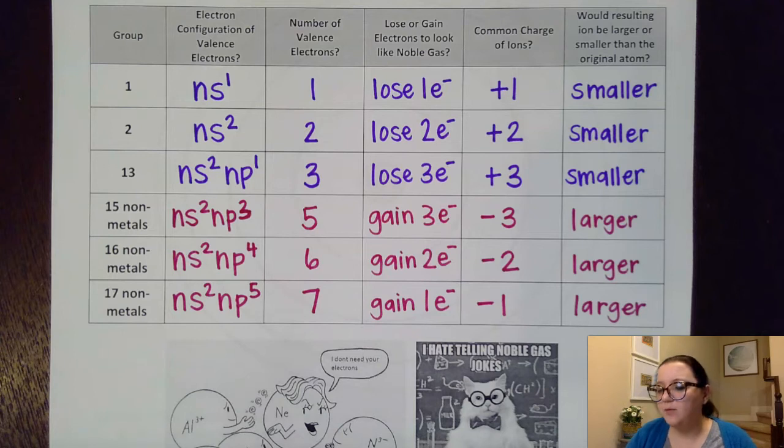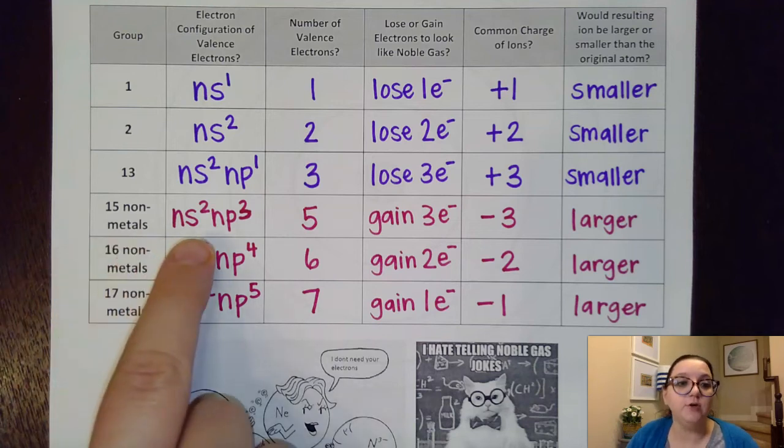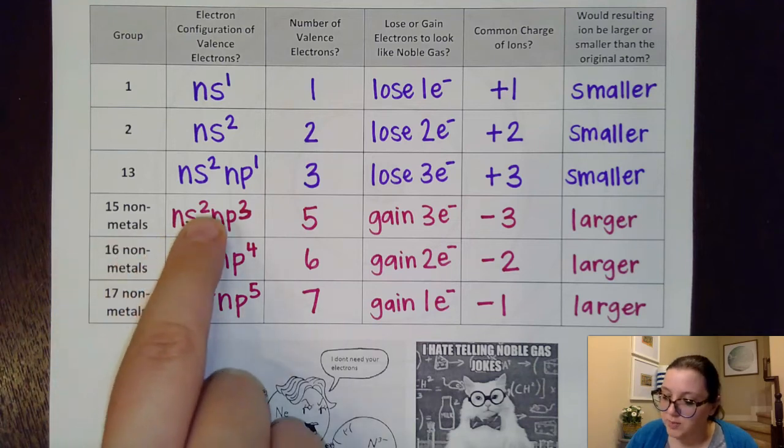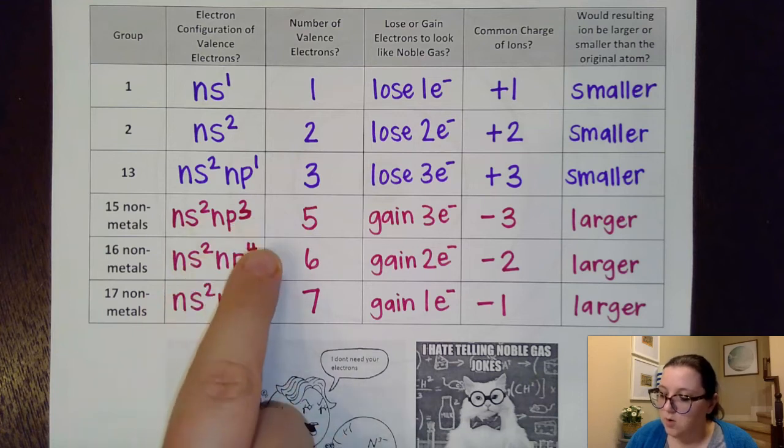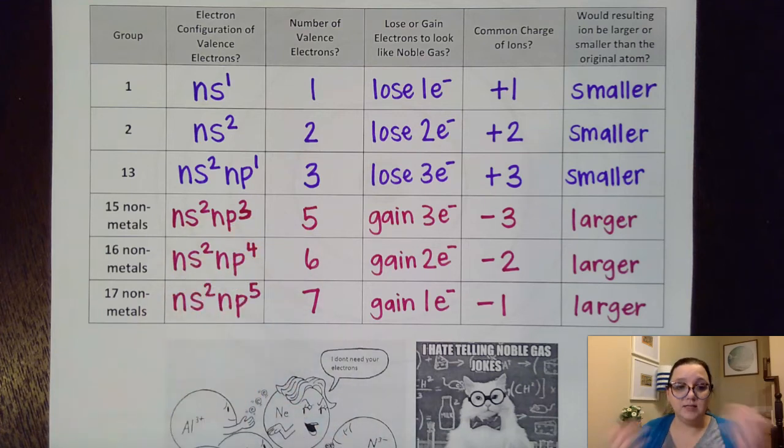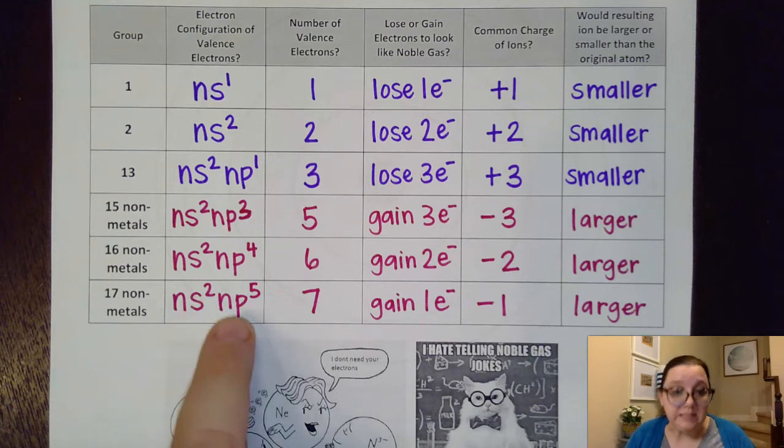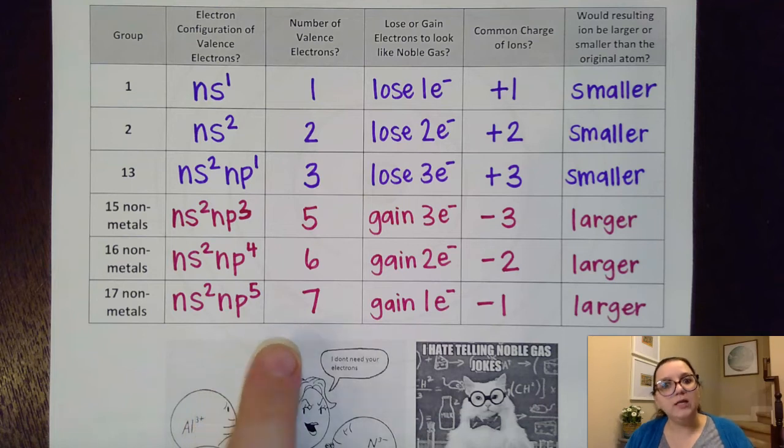However, when you're talking about the nonmetals on the far right-hand side of the table, and notice I did specify here nonmetals because the metals under that zigzag line are going to do some kind of weird things, and we'll talk more about those on another video. But you notice for these, you'd have your energy level, you'd have s2p3 or s2p4 or s2p5. Now, the idea is, again, to look like a noble gas, which would have s2p6, and so we're going to gain some electrons in order to get that configuration.